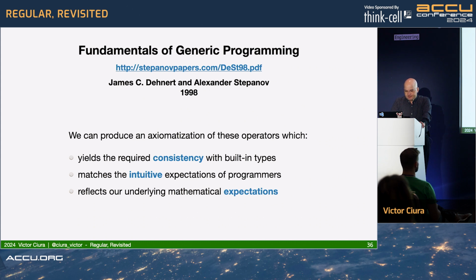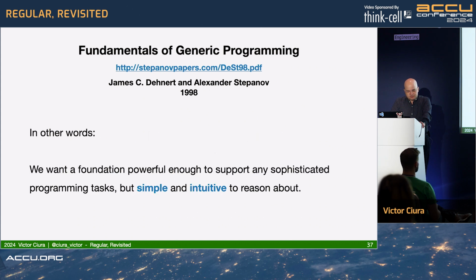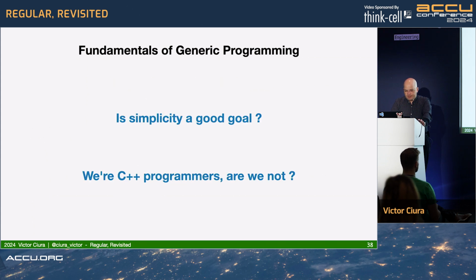So again, it's all about meeting expectations of users and building something that's simple to use, powerful to model difficult ideas, and enrich your custom types with additional properties, but without breaking these expectations and intuitive usage.